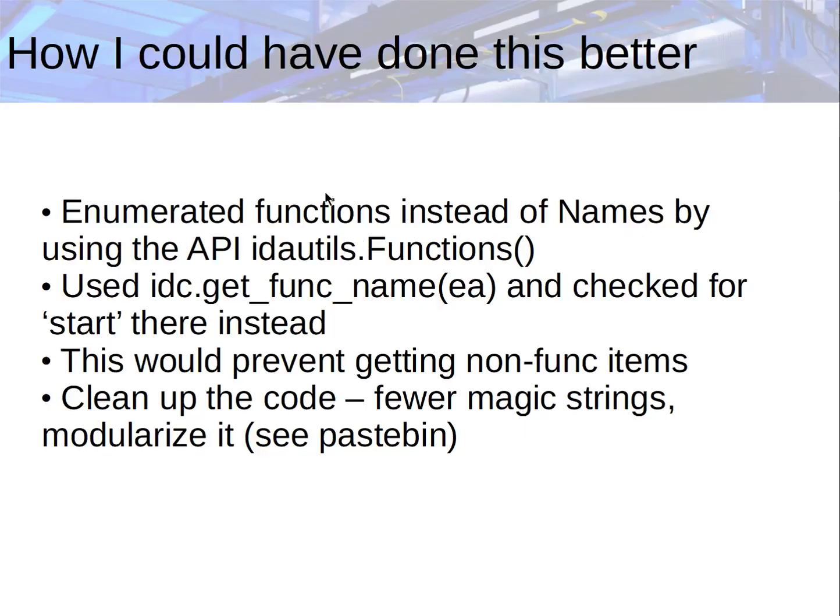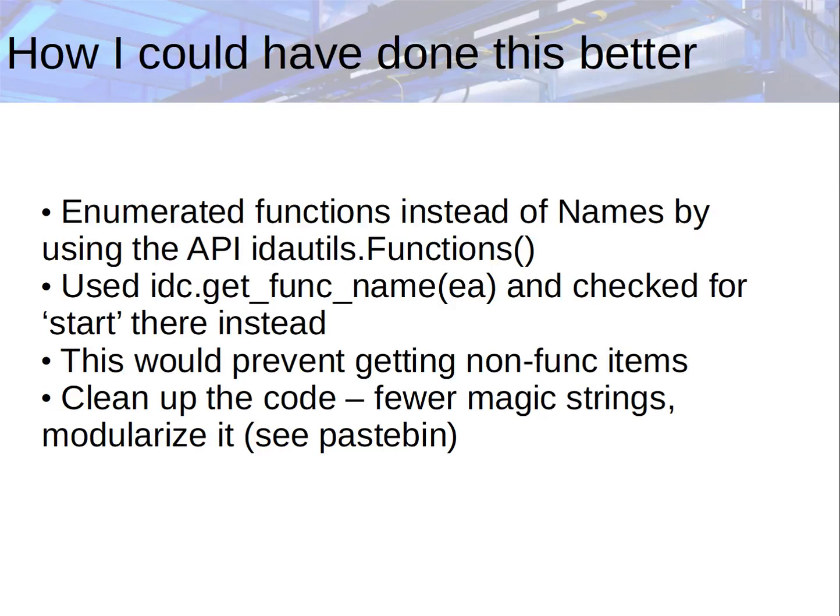Okay, so real quick, I want to talk about how I could have done this better. So I don't know if you noticed, but I used the names list. But after the fact, I'm probably going to refactor that and make it use the functions list instead, because right now names could include functions, but it could also include other things that are not functions that are in the binary. And the problem with that is we don't want that. We want specifically functions.